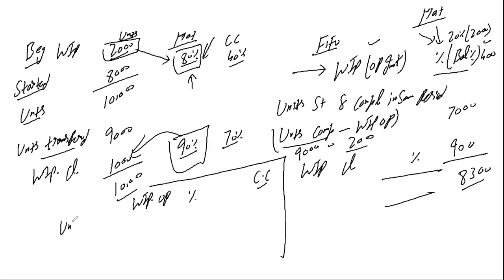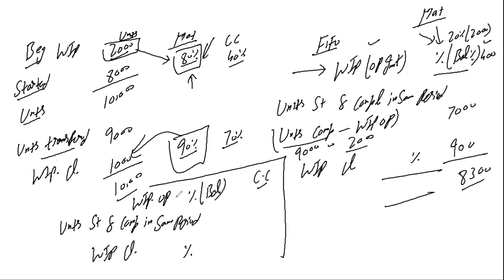Second step, students, units started and completed in the same period. And the third step, work in process closing, and here you have to apply the percentage. Students, you must keep in mind the difference between opening percentage and closing percentage.